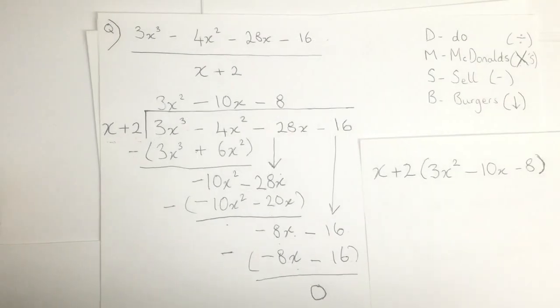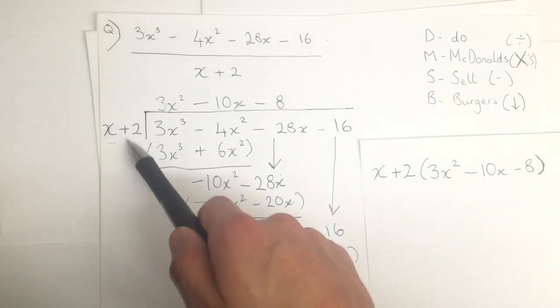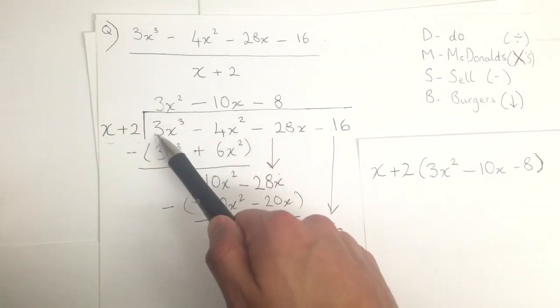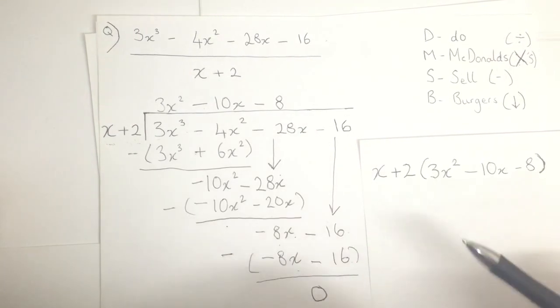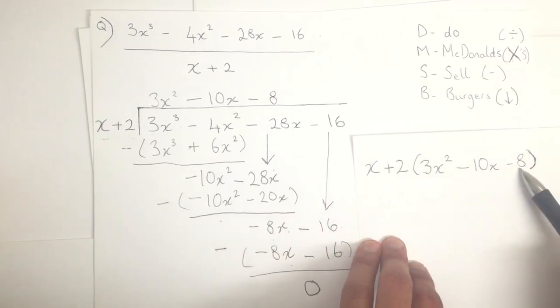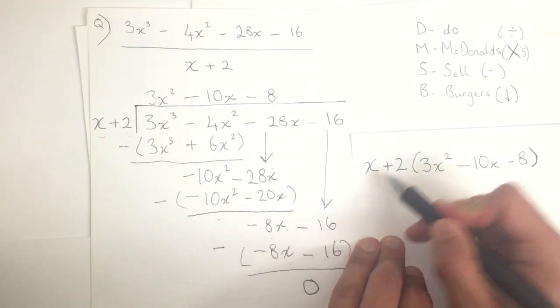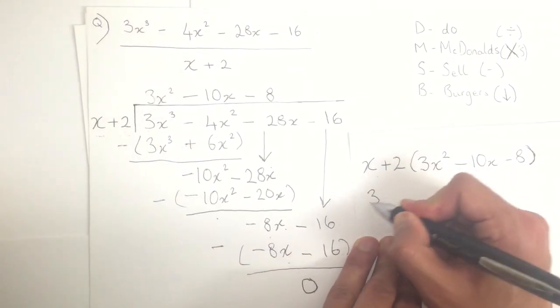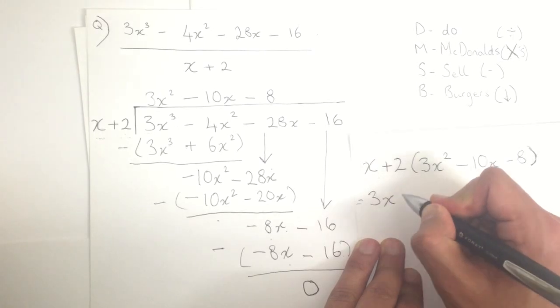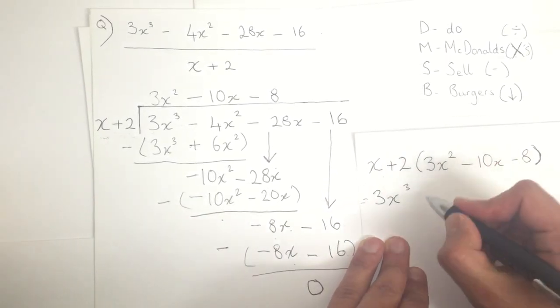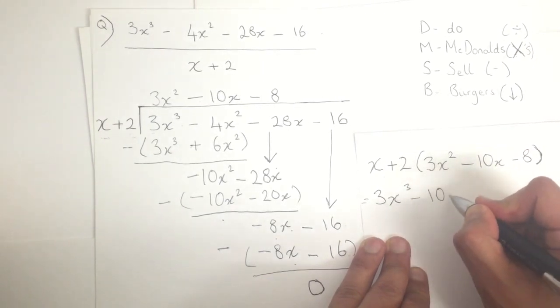Okay guys, to perform a simple sanity check, what we're going to do is times this expression by this expression, and we should end up with this. As you can see, I've already written the question out, so let's begin. 3x squared times x equals 3x cubed. Minus 10x times x equals minus 10x squared.